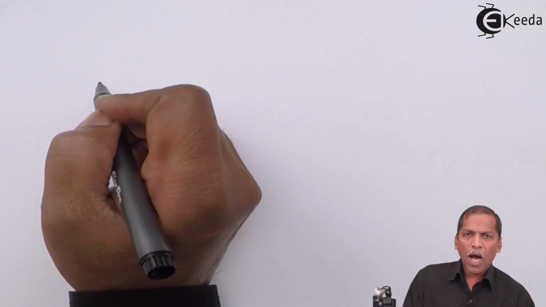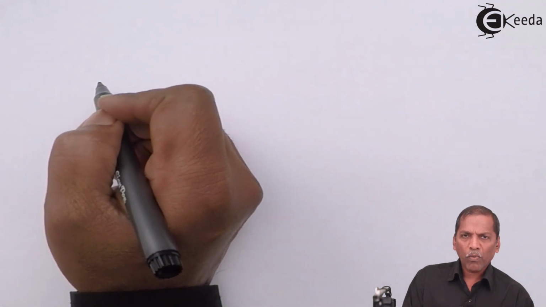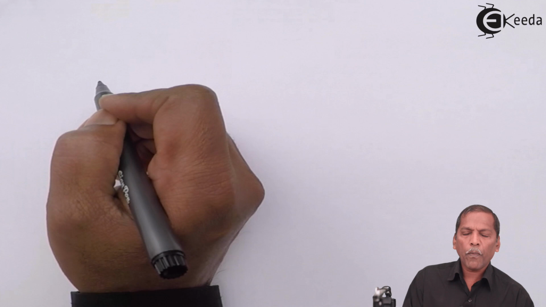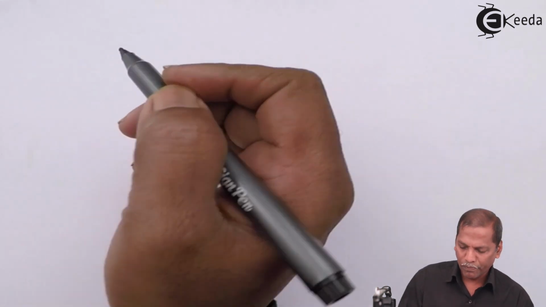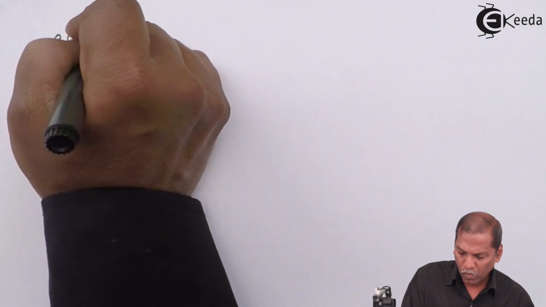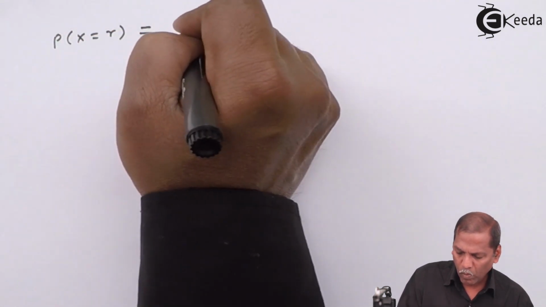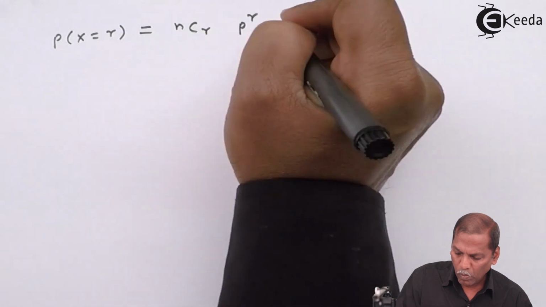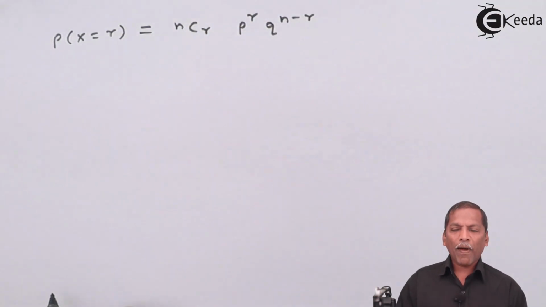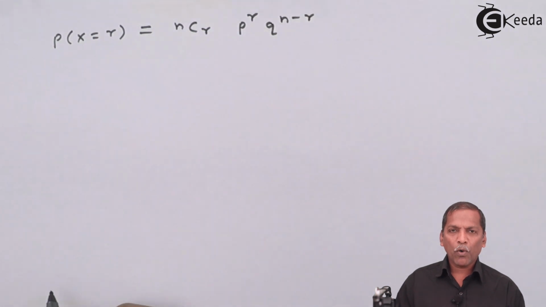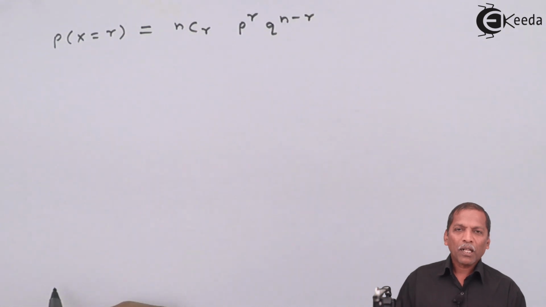Probability X equal to r is equal to nCr into P raised to r into Q raised to n minus r, where r takes values from 0, 1, 2, 3 up to 8, since the coin is tossed n times.